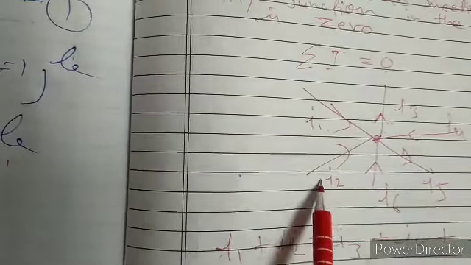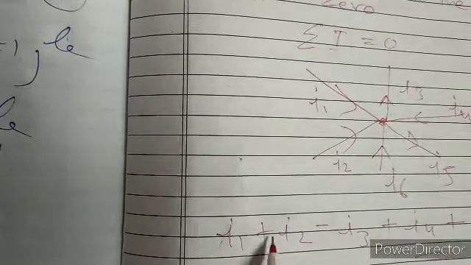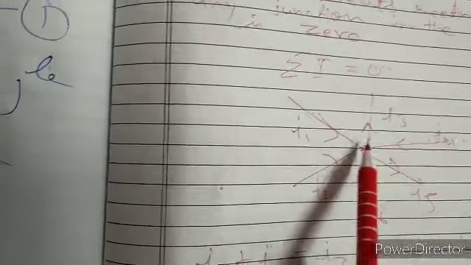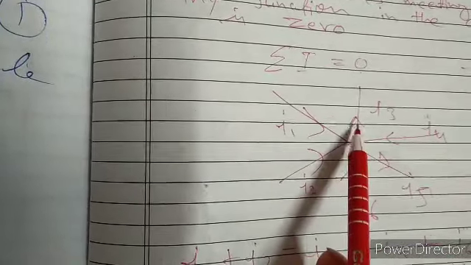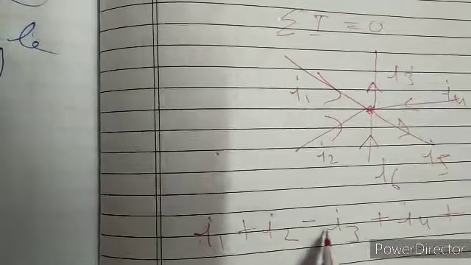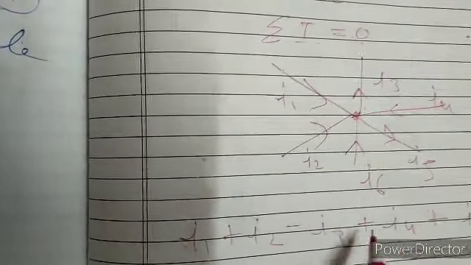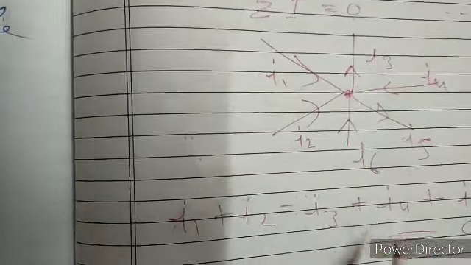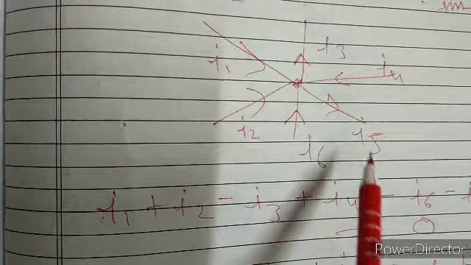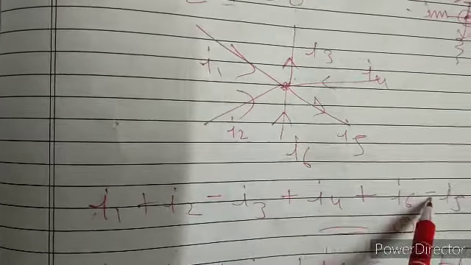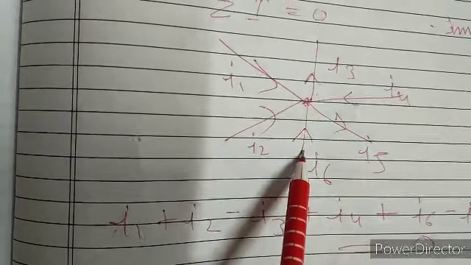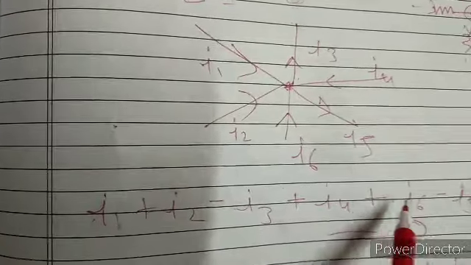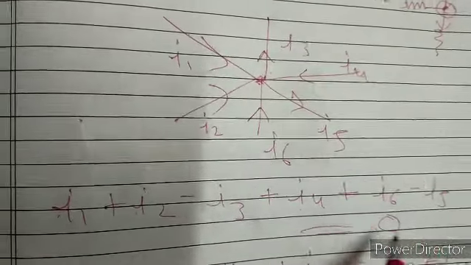Then plus I1 plus I2, minus I3, plus I4, minus I5 and plus I6 is equal to 0. Sum I is equal to 0.